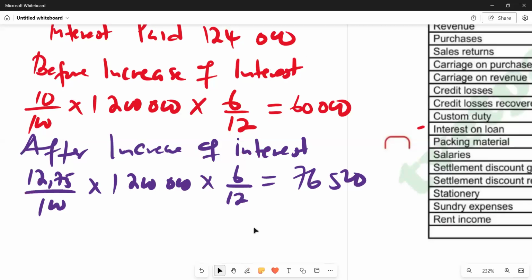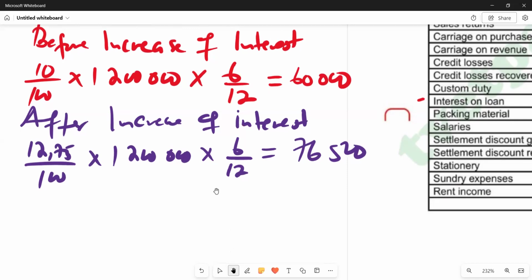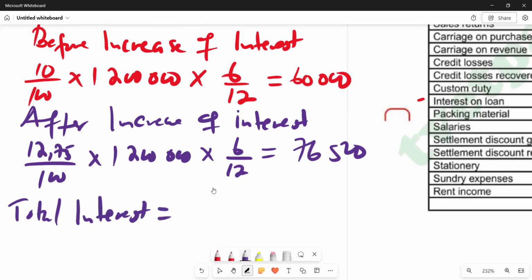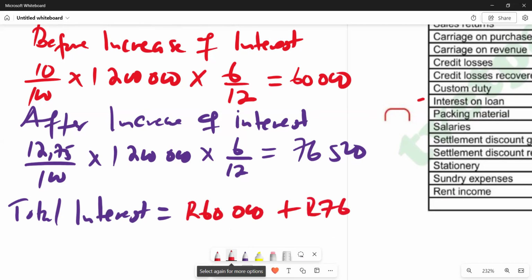Then now to get the total interest, we are saying interest before the increase plus interest after the increase. So we are saying total interest. Before the increase, we had 60,000, and after the increase, we have 76,500 rand. So we add the two, we are going to get an amount of 136,500.